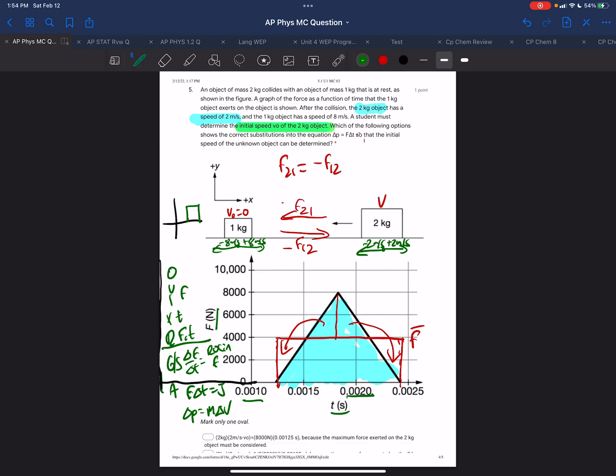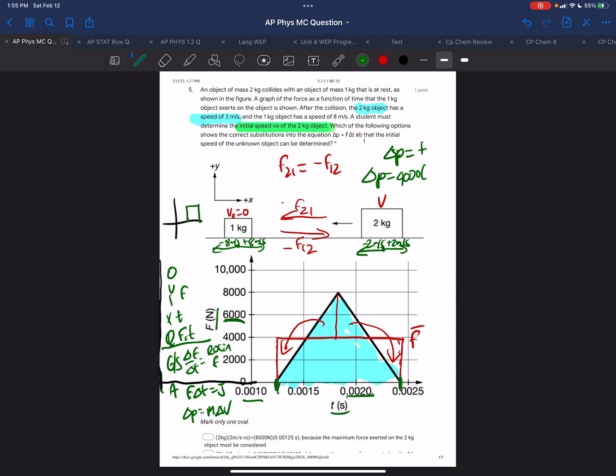Now we see the force is positive. So that means the area is positive. So delta P is positive. And that delta P is going to be equal to the area, which is 4,000 times the change in time, which is not so easy to determine here.